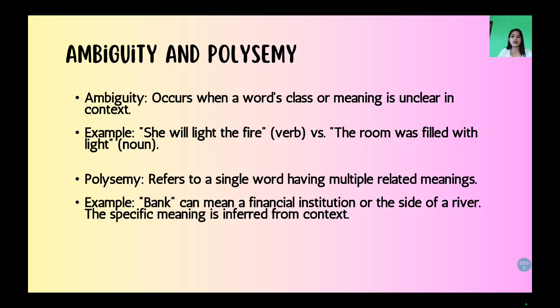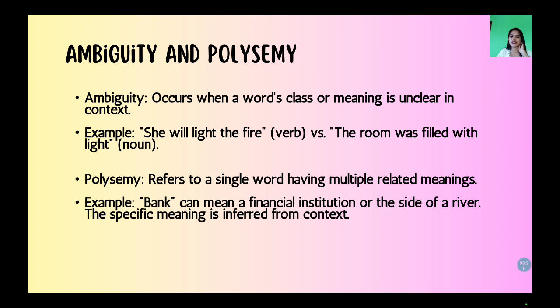Next is ambiguity and polysemy. Ambiguity occurs when a word's class or meaning is unclear in the context. For example, she will light the fire, where light is a verb, versus the room was filled with light, where it is a noun.